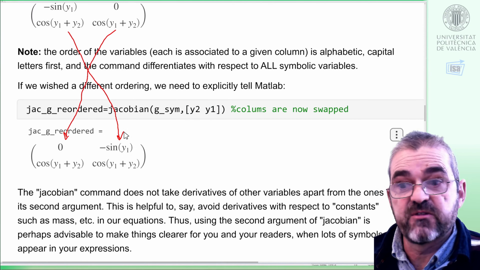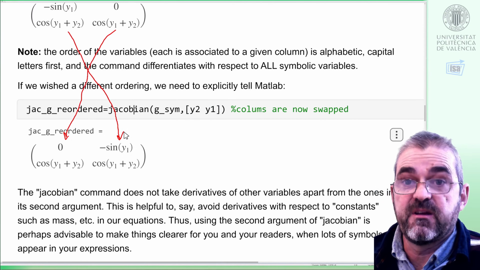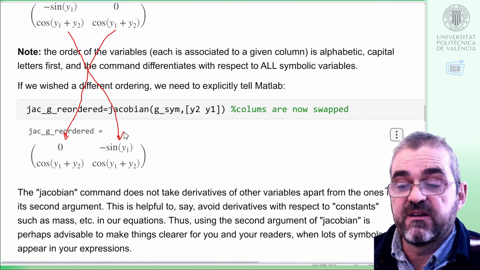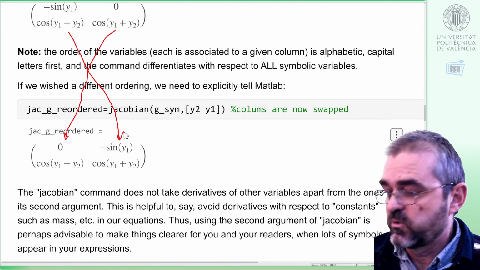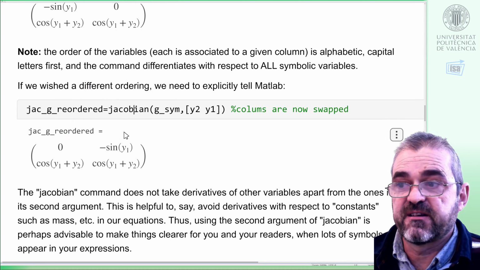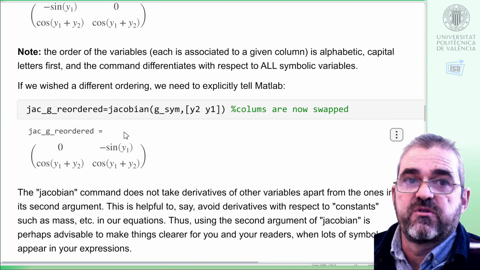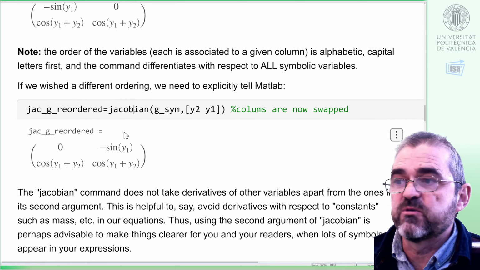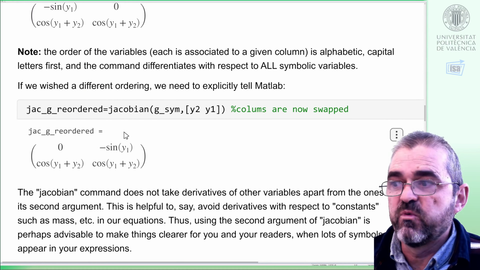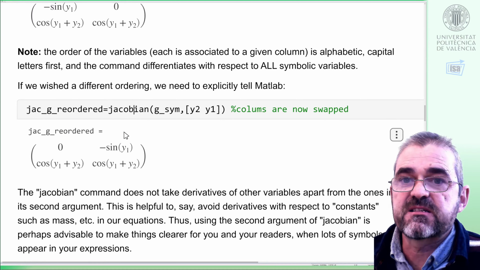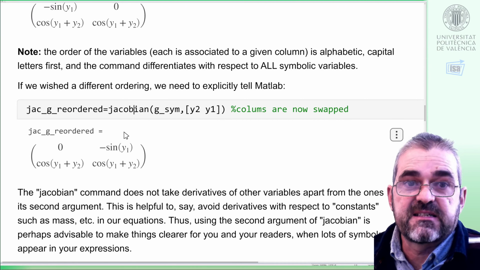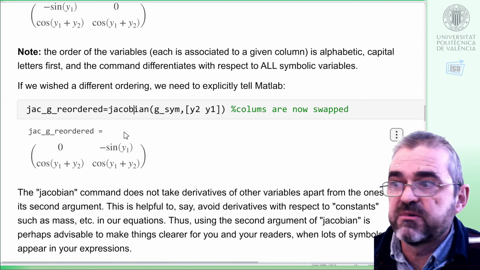And also, the second argument is helpful in many cases because, for instance, in equations in physics, we have a lot of letters that are actually constants, say a mass, a length. So we actually don't want to take derivatives with respect to the mass, because that mass is just 3.1, like a number.